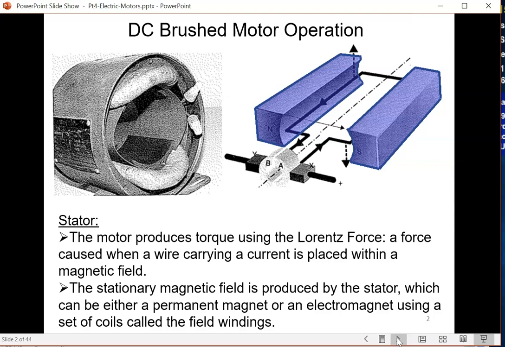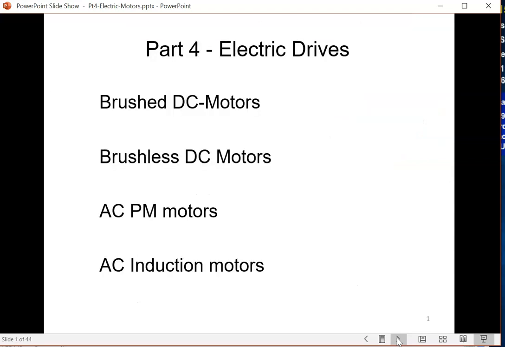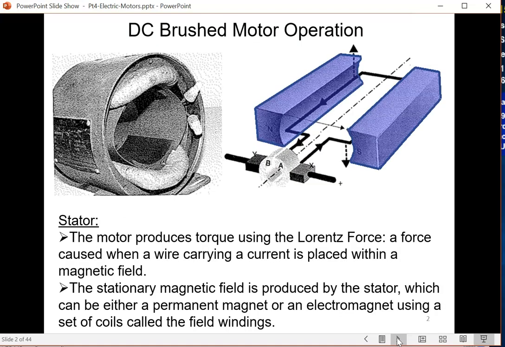The brushless motor, the second one on my list, only existed after we had better means of controlling motors with power electronics. The brushless motor is actually a type of AC motor, although they are called DC, because they're just controlled like a DC motor. Okay, so the real DC motor is the one with brushes.